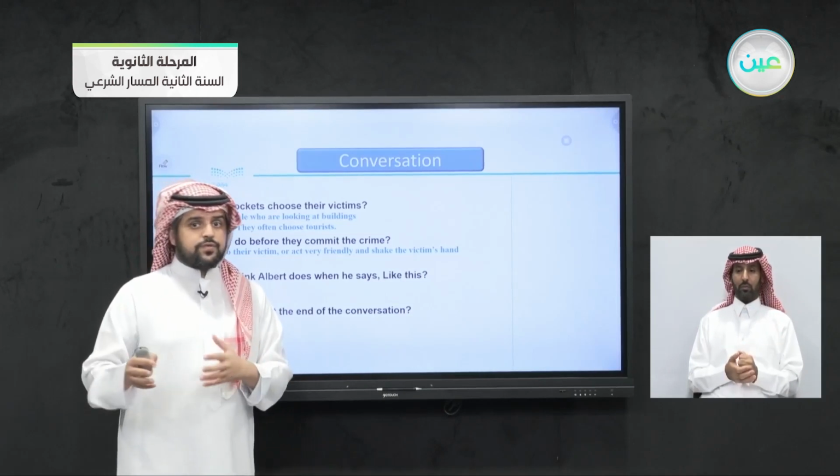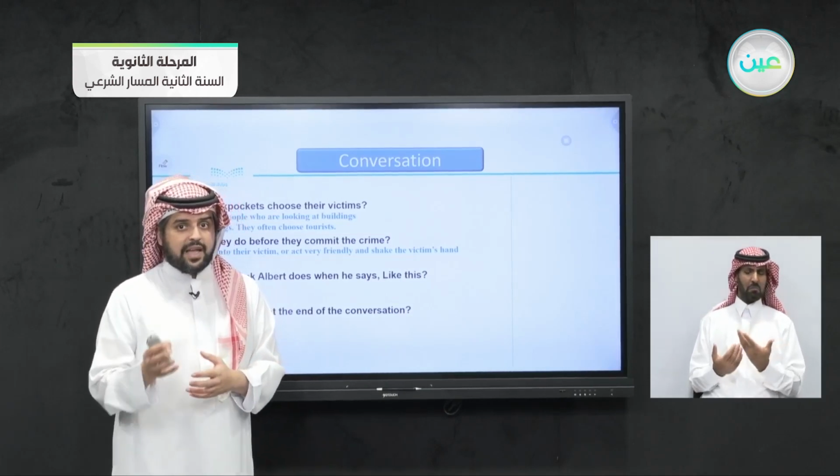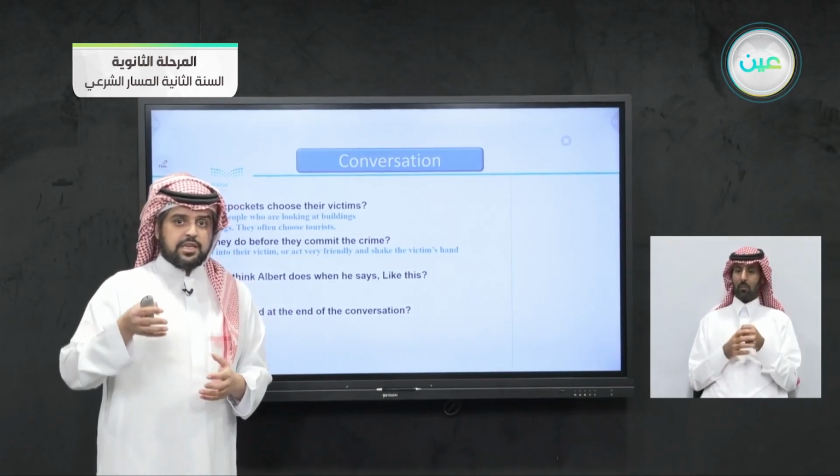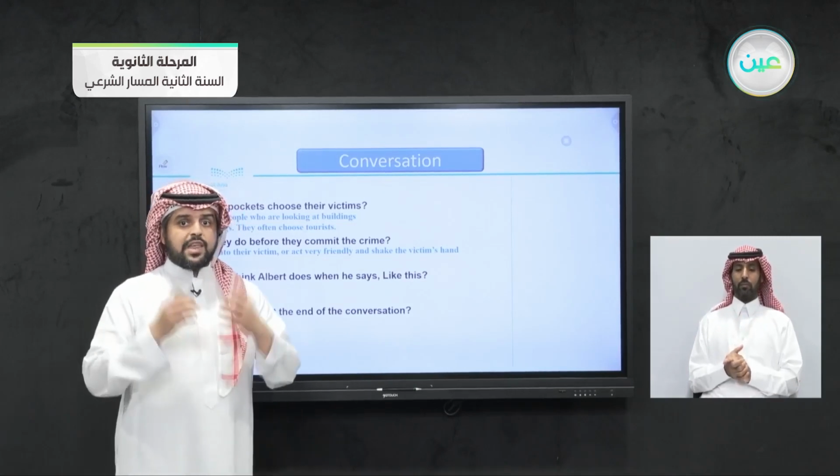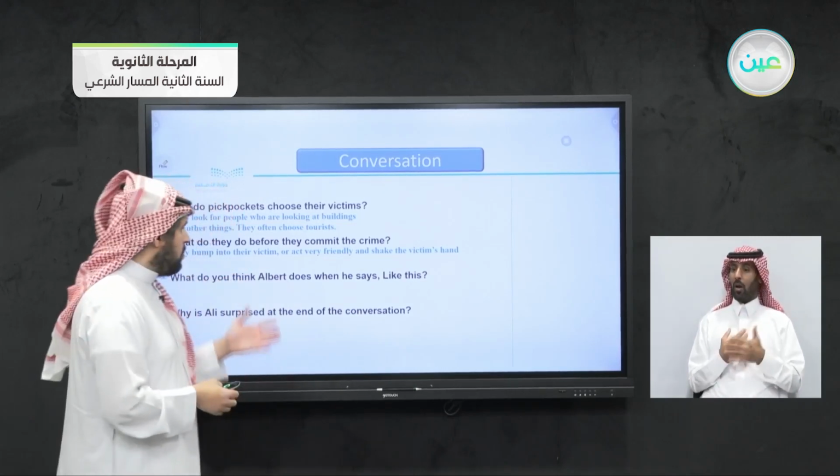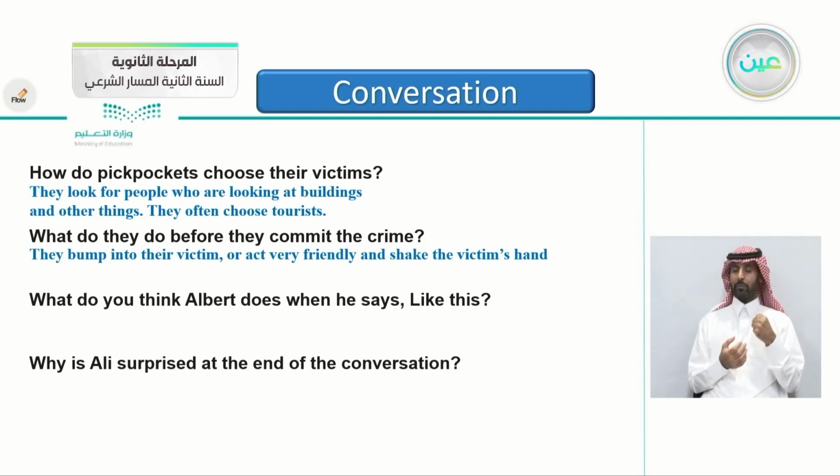And with that, you don't feel, as I said before, they're light-handed. They can put their hands in your pocket and take it out without you feeling. So before they take your wallet, they bump into their victim, they act friendly and shake the victim's hand.